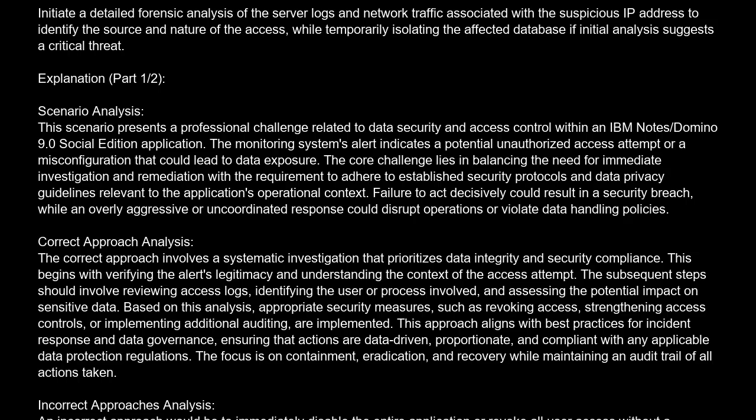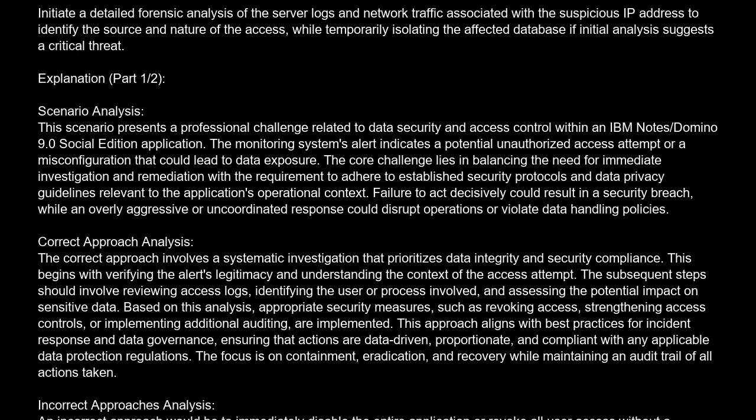The core challenge lies in balancing the need for immediate investigation and remediation with the requirement to adhere to established security protocols and data privacy guidelines relevant to the application's operational context. Failure to act decisively could result in a security breach, while an overly aggressive or uncoordinated response could disrupt operations or violate data handling policies.